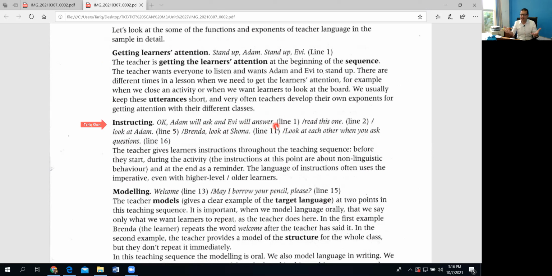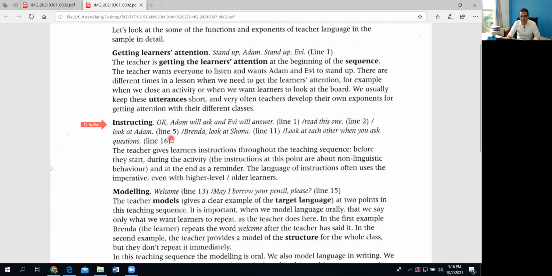Is it getting learners' attention? Is it modeling or different things? So this is what you need to note down and see what particular sentence comes in which category. All right.